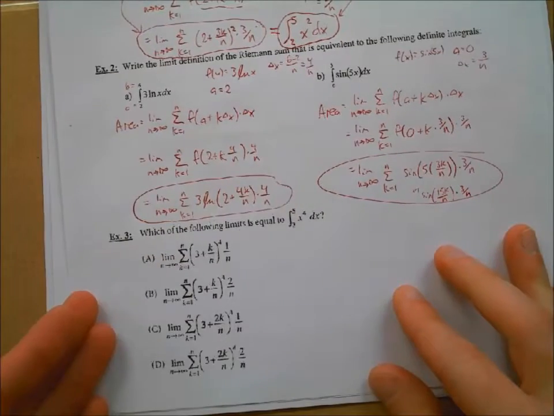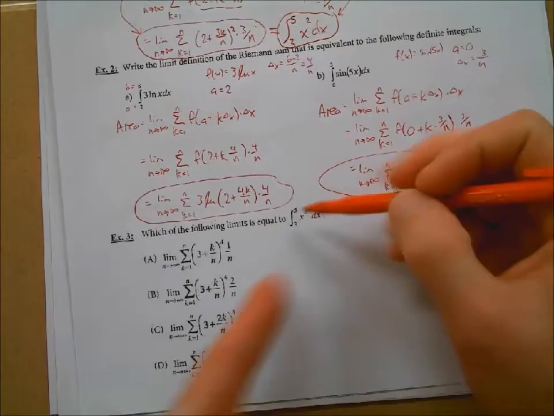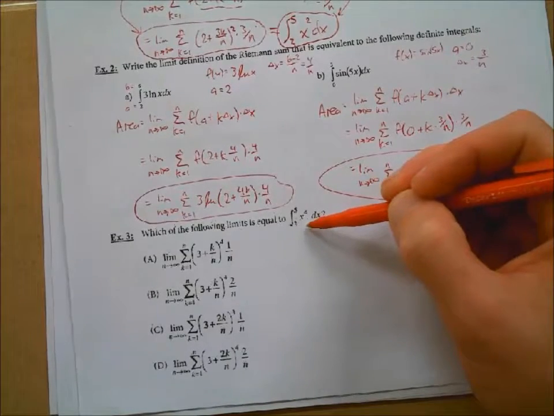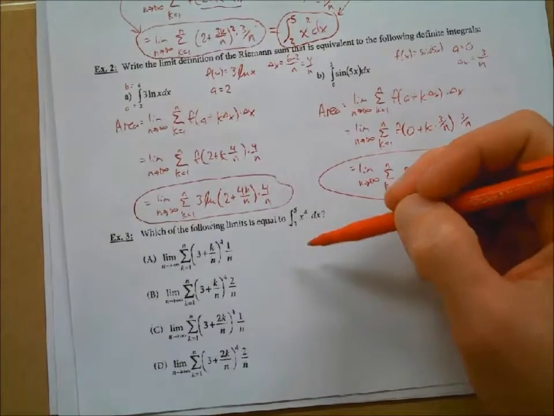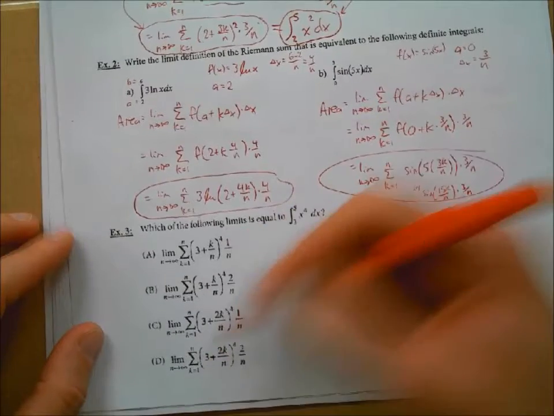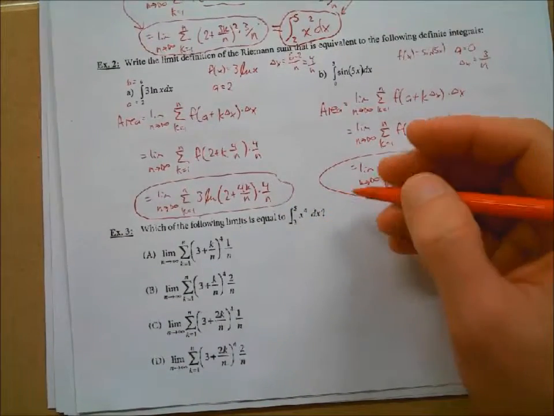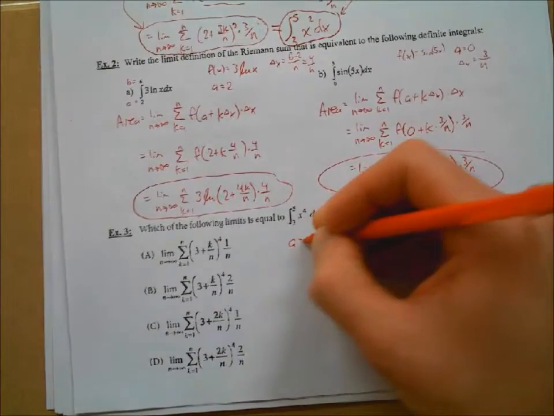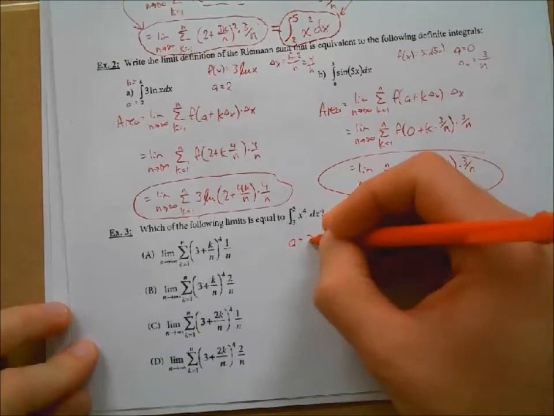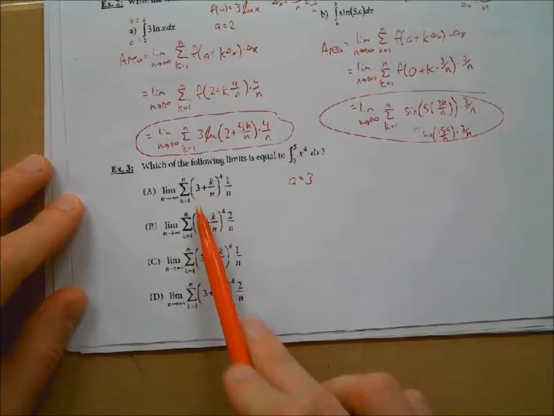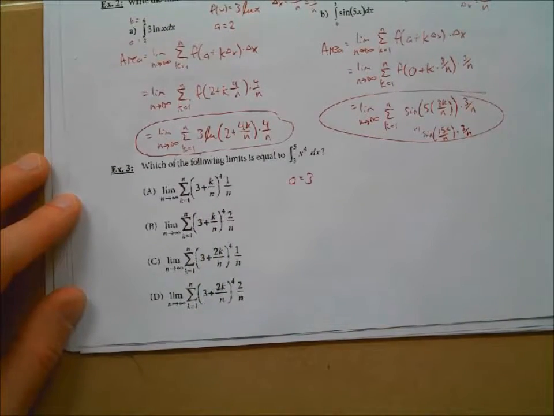In this scenario, we want to write this in the limit definition form for the Riemann sum. That would get us the area. So what limit definition here is equivalent to this? Let's identify some key pieces of information. Key piece 1, what is our a? It is 3. If you look here, they all have a 3, so that's not very helpful.